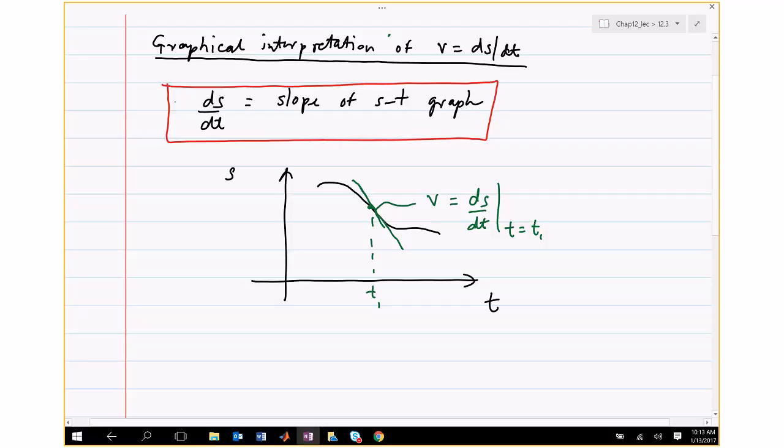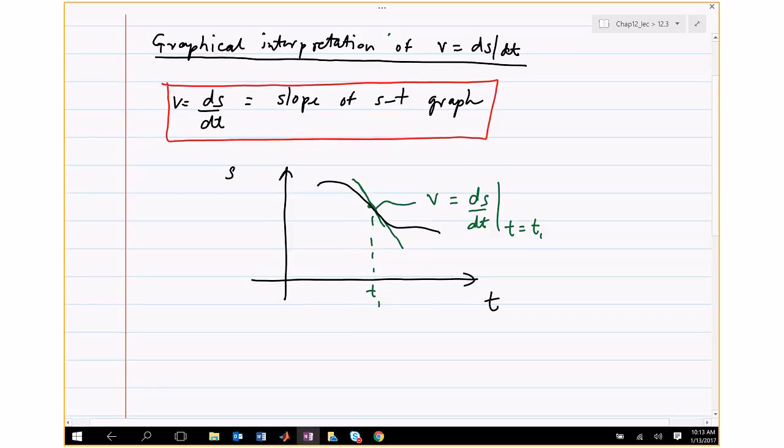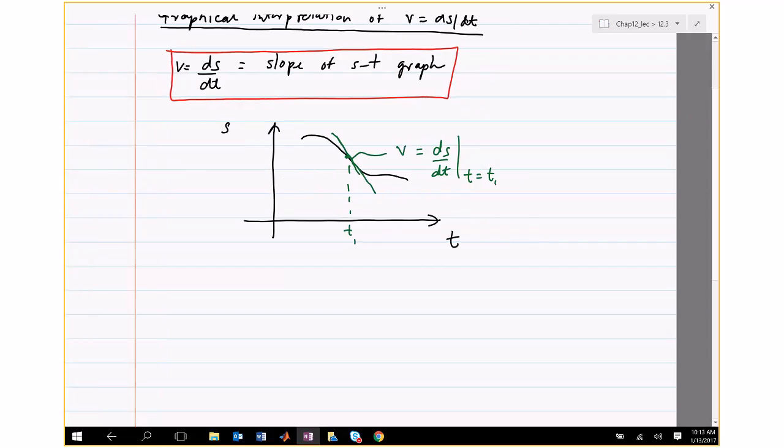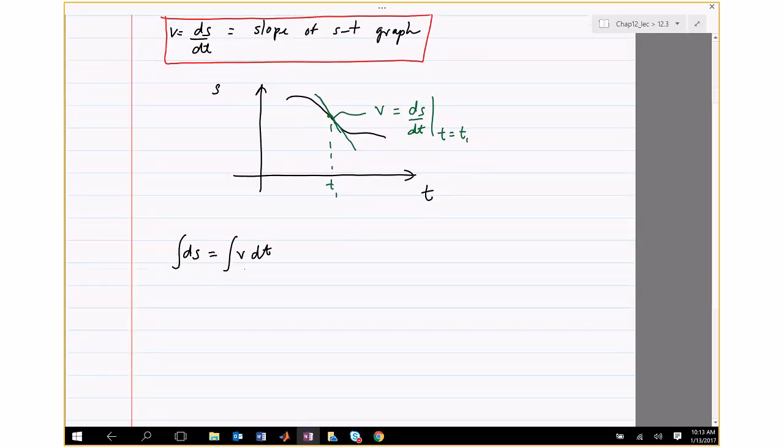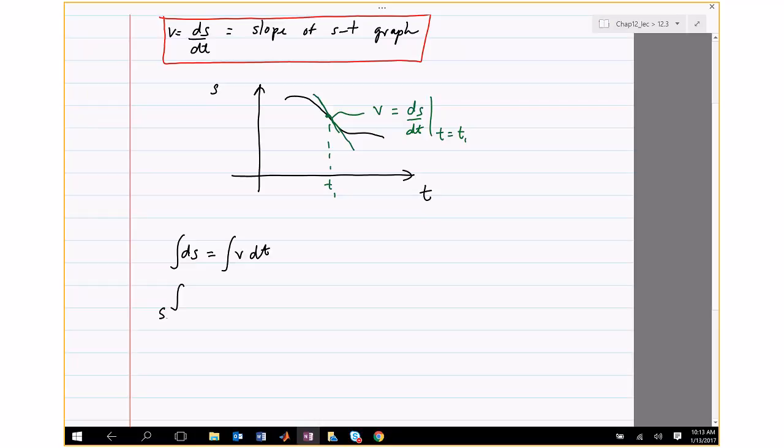So this is v equals ds dt, and so what I'm going to do is rearrange the stuff here. ds is v dt, and I can integrate this between let's say s1 to s2. ds is s2 minus s1 equals the integral of v dt between time intervals t1 and t2.